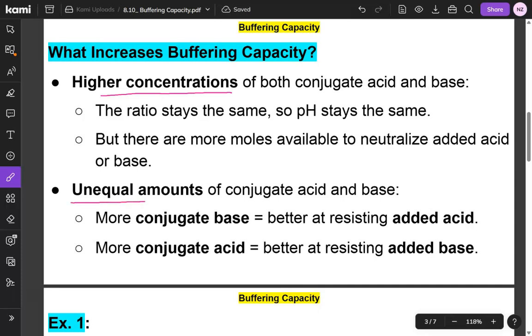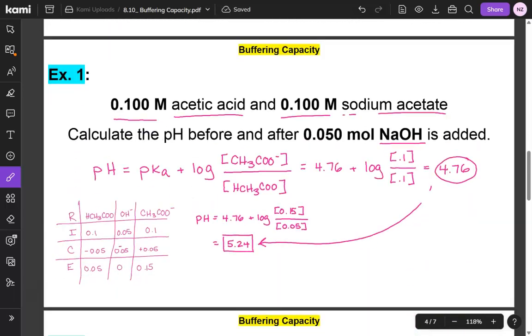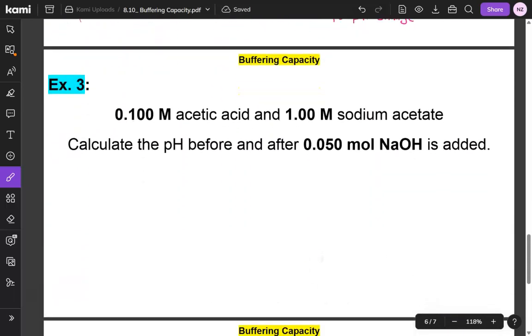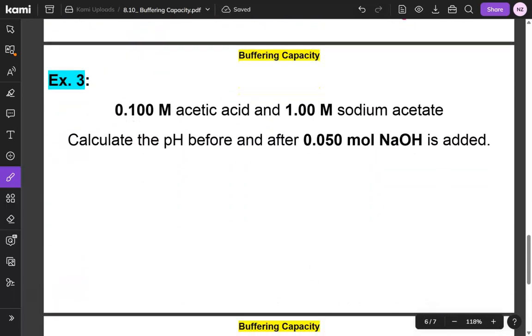Next, we're going to look at unequal amounts of our conjugate acid and base. Okay, so here we have 0.1 molar acetic acid and 1 molar sodium acetate. Okay, so here, let's find our initial pH, just like we did before. So pH equals pKa is going to be the same, 4.76. Okay, but it's not the same ratio.